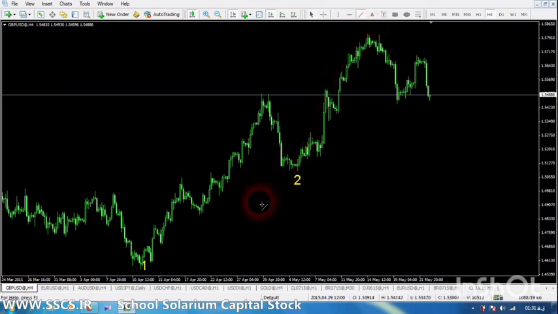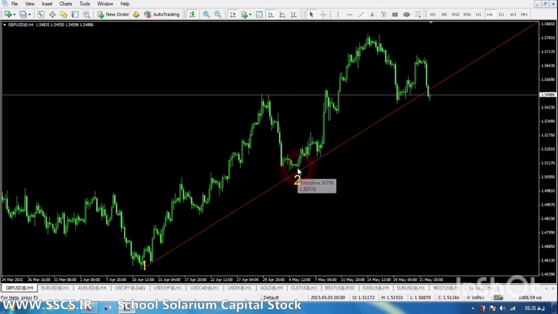So to draw the trend line, if you have an uptrend, you have to draw the trend line from the bottom of your trend. So I have to connect my first swing high to my second swing high, like that. So that is how I draw the trend line.